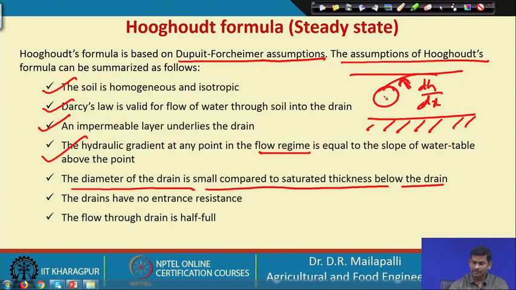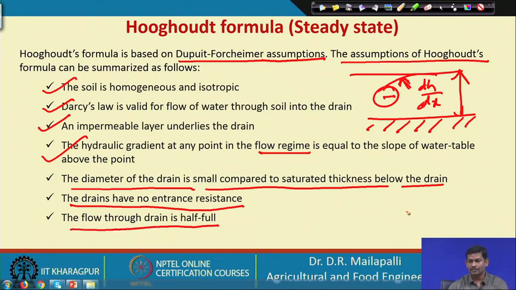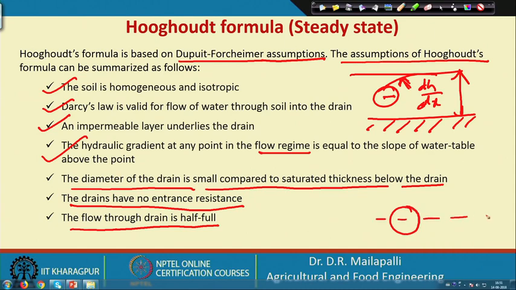So, whatever the diameter of the drain, this will be smaller than the saturated thickness, that is the thickness of the aquifer. The drains have no entrance resistance, so we are considering the entrance resistance as 0. The flow through the drain is half full, so at least half full we should maintain in the drains.